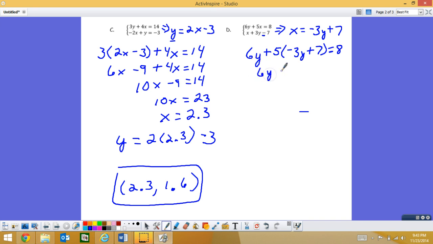Distributing the 5, we have 6y minus 15y plus 35 is equal to 8. We combine the like terms on the left side to get negative 9y, and then subtracting the 35, we get negative 27. So y is equal to 3.